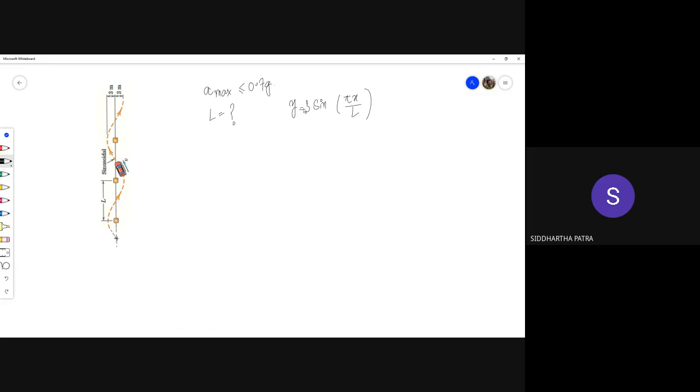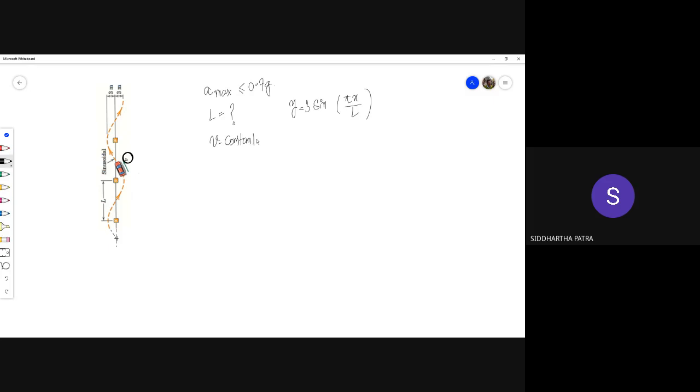So sine, it doesn't matter. You can take cos as well. And it is going with, let's say, a constant speed. Okay, so v is a constant.